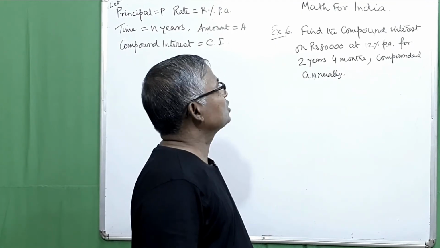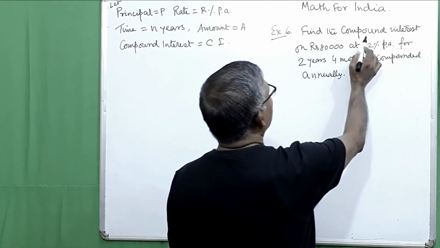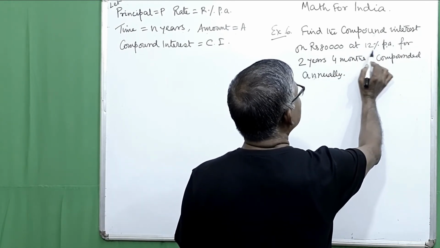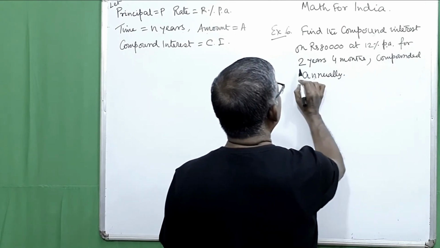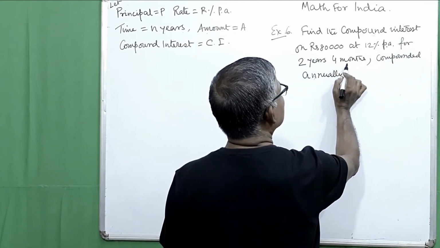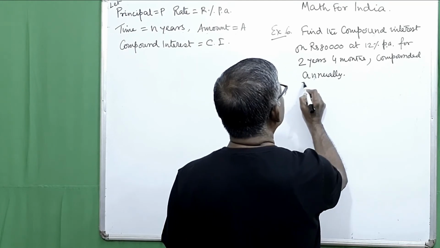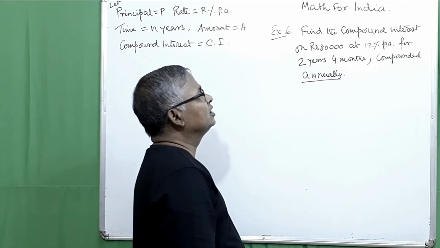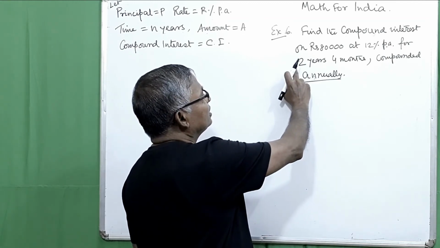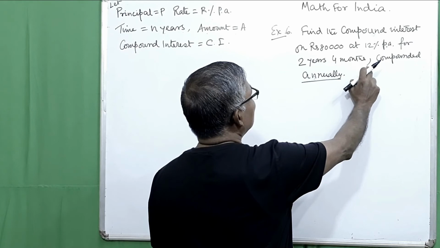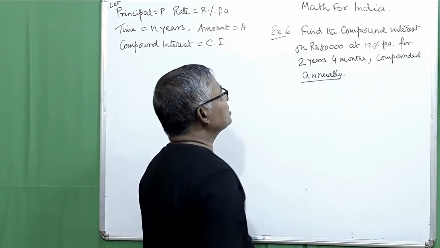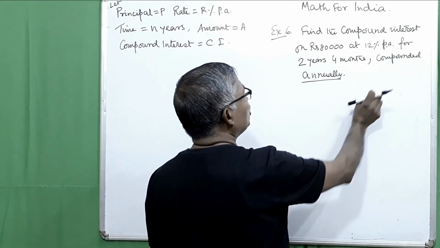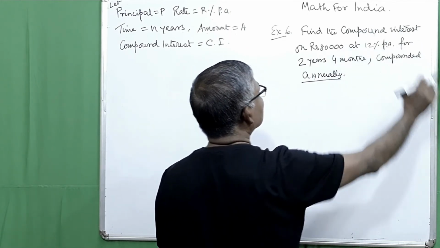Students, let us consider the problem. Find the compound interest on rupees 80,000 at 12% per annum for 2 years 4 months, compounded annually. Students, here you have to calculate interest for 2 years and 4 months, with interest calculated annually, and you have to find out the compound interest.